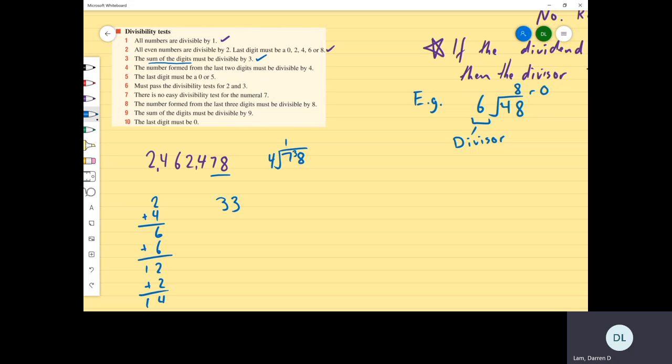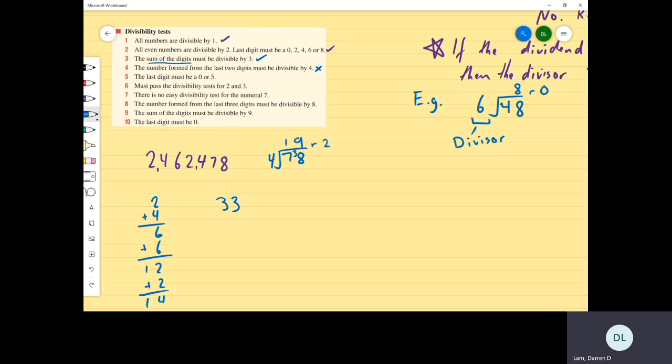There's 3 left over. 4 goes into 38 how many times? 9 times, ending up with 36. So there's a remainder of 2. So no, this is not divisible by 4, which means the whole number 2,462,478 is not divisible by 4.